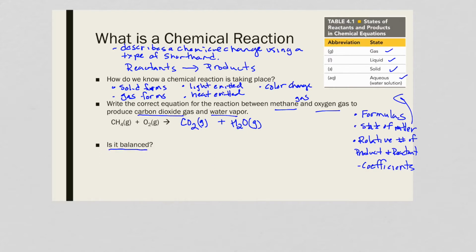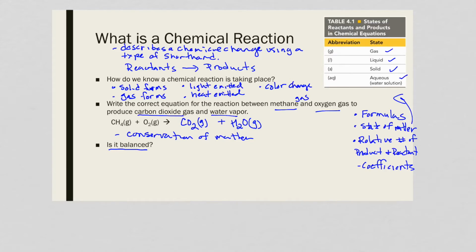Well, remember, all of these reactions are going to follow conservation of matter. So way back even with John Dalton, we talked about how in a chemical reaction, matter is conserved, that we don't lose mass, we don't create mass.